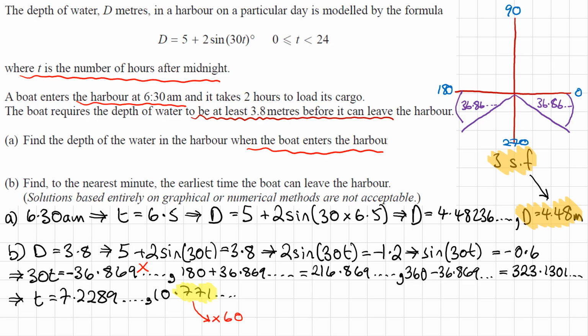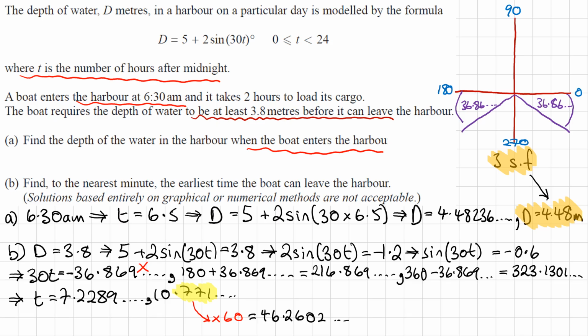You can use the hours, minutes and seconds button on your calculator, but this might be a little bit quicker. So I'll subtract 10, so I'm just left with the decimal part, and times that by 60, and what that gives me in terms of minutes is 46.2602. So this is the minutes part of my answer.